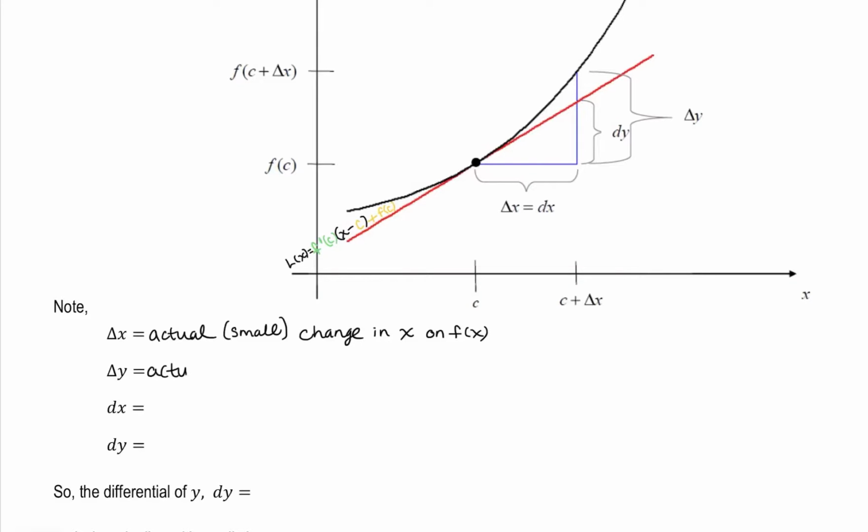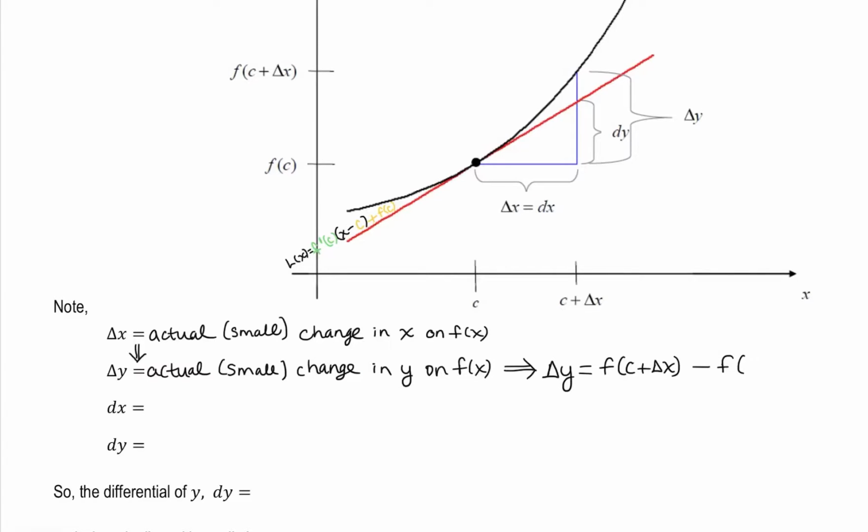And delta y is the actual small change in y on the function; this small change in x forces this small change in y. And probably even more importantly, as a formula, your change in y is f of c plus delta x, where you are on the function after the change in x, minus where you are on the function at that point of tangency.